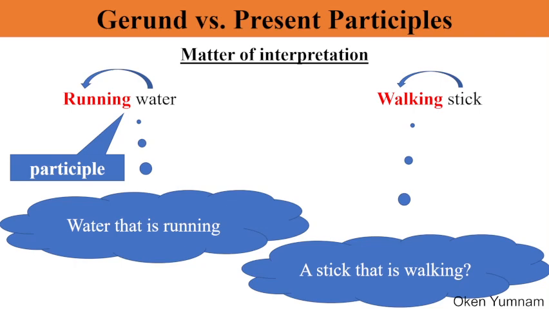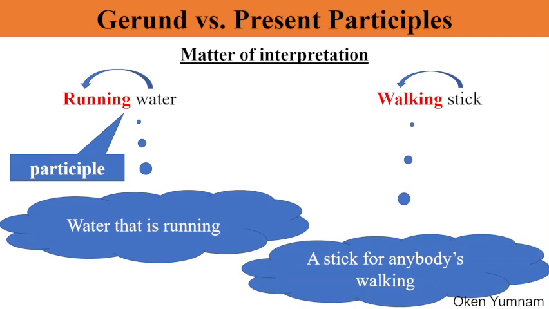Actually, a walking stick is a stick for anybody's walking. So here walking is acting as a noun. So this is a gerund. So we have to observe carefully and think what it means. So this is about gerund and the forms of verbs. Thank you.